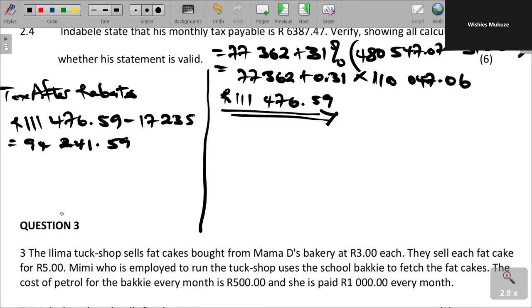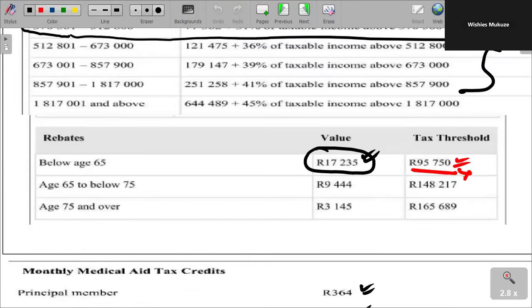And then we are saying, this minus, we subtract the 7,592, which is also 7,592.